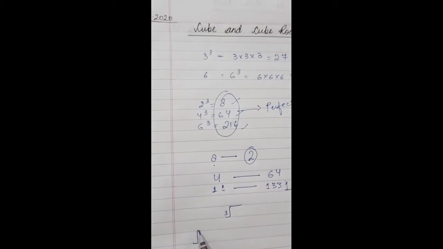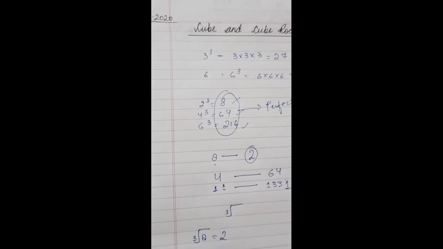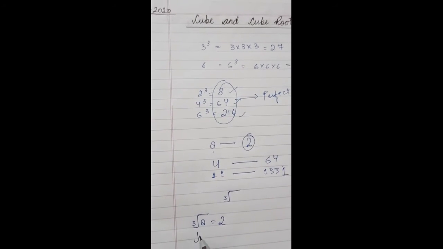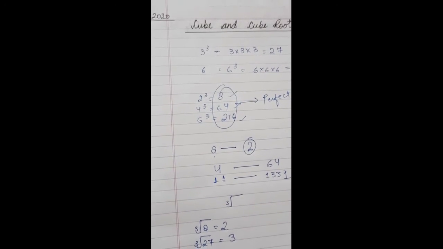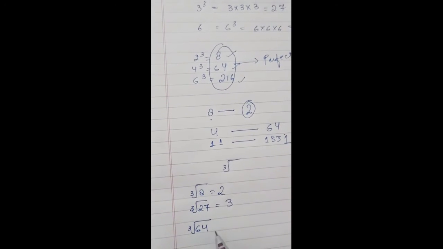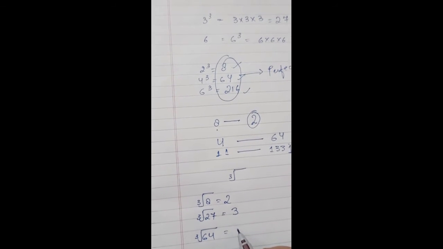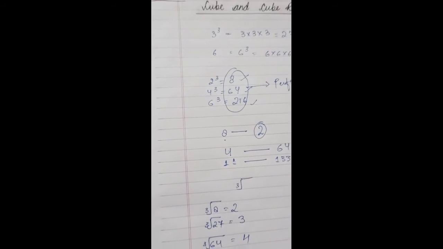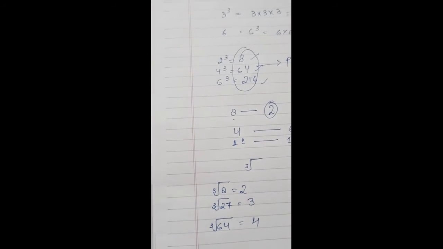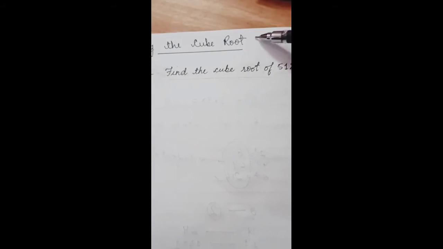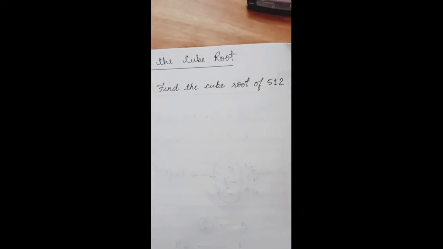So the cube root of 8 is 2. The cube root of 27 is equal to 3. The cube root of 64 is equal to 4. Understood?